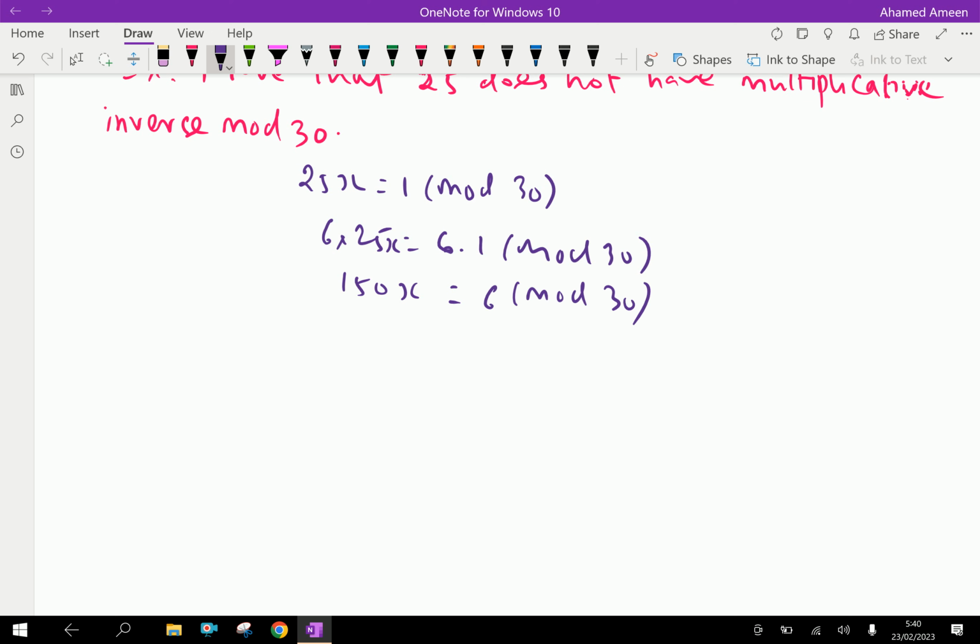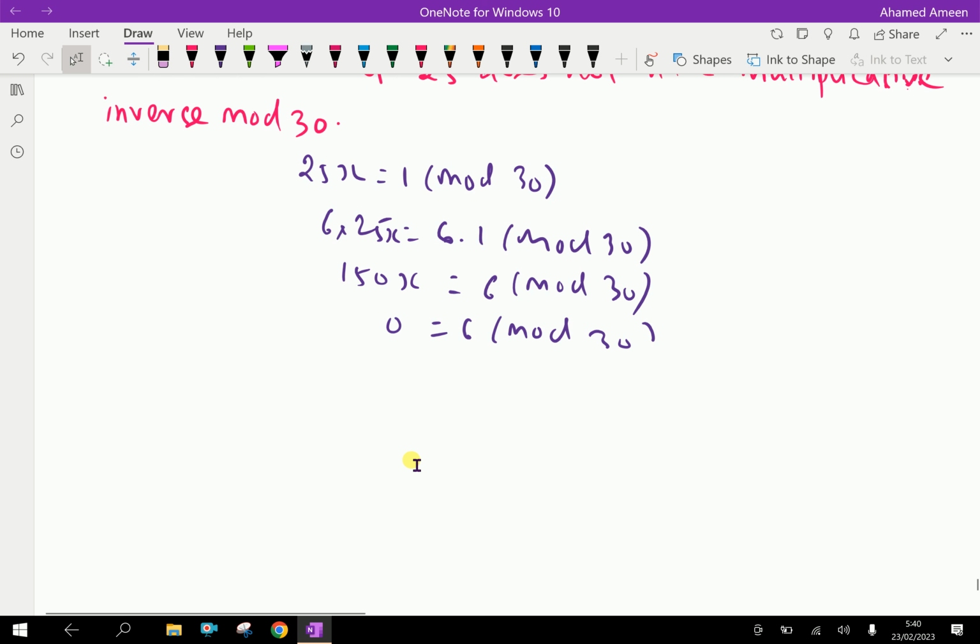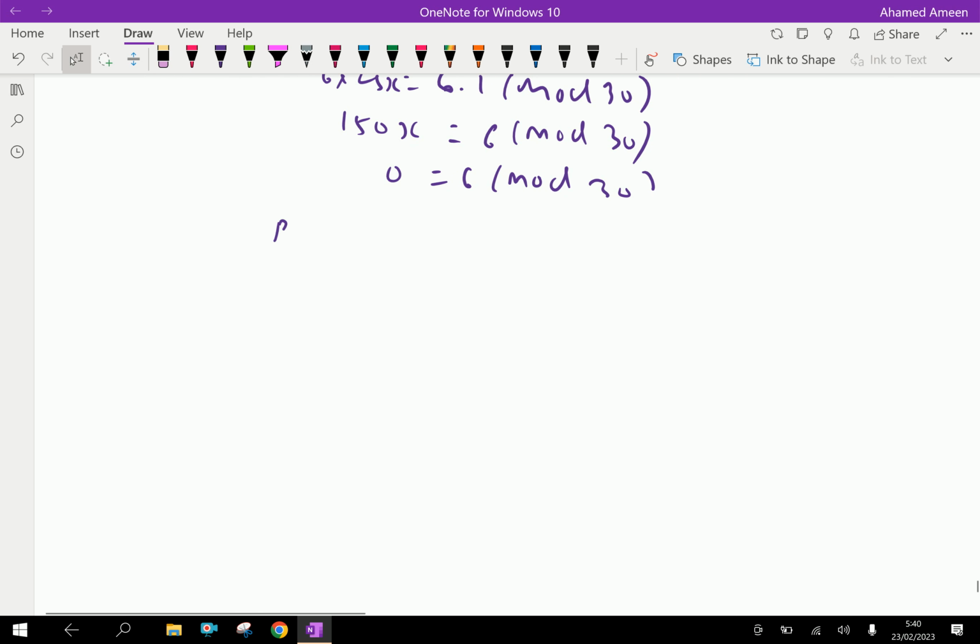Therefore 150 is a multiple of 30, so the remainder here is 0, but the right side is 6 mod 30. This is a contradiction.